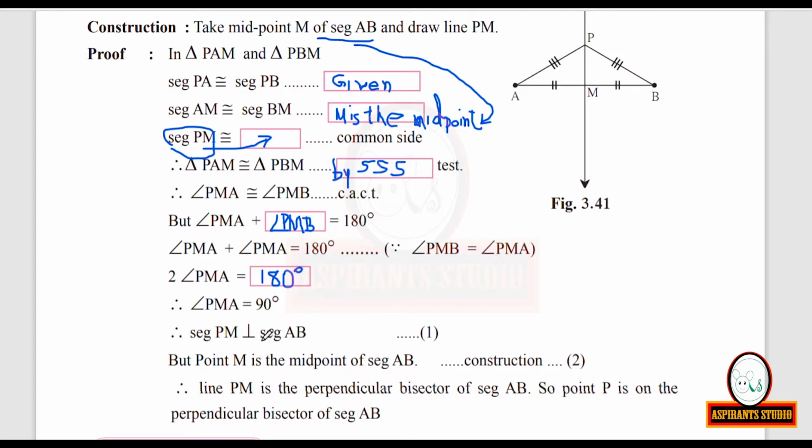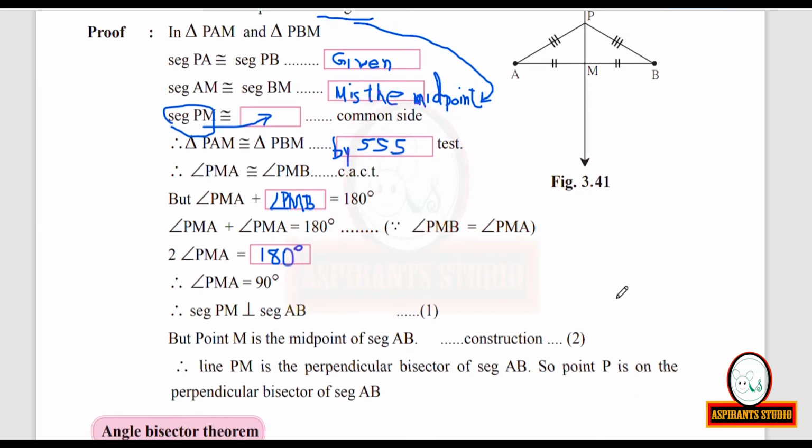Now combine these two statements. From the first one you will get the word perpendicular. From the second equation you will get the word bisector. So you will get line PM is the perpendicular bisector of segment AB. So point P is on the perpendicular bisector of segment AB.